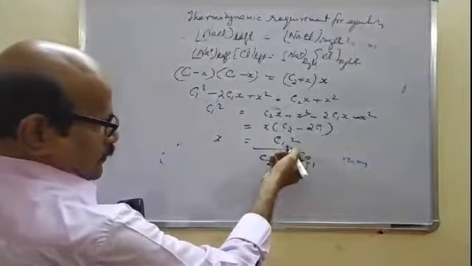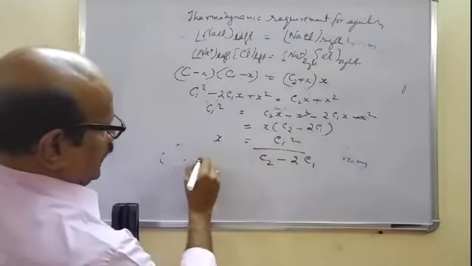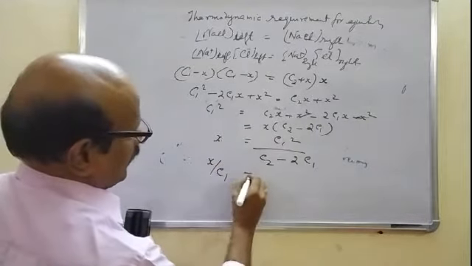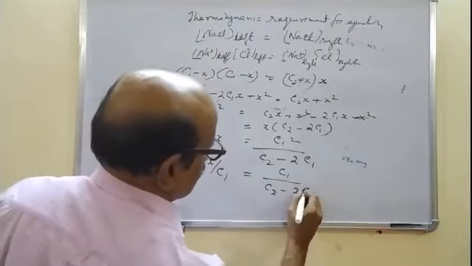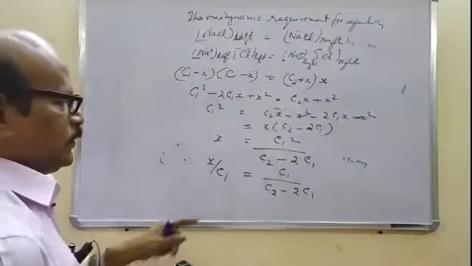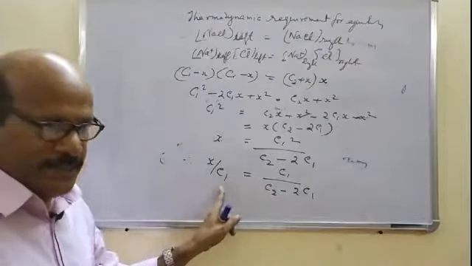Or we take one term C1 here, therefore x by C1 is C1 by C2 minus 2C1. You know that C1 is the concentration of NaCl.